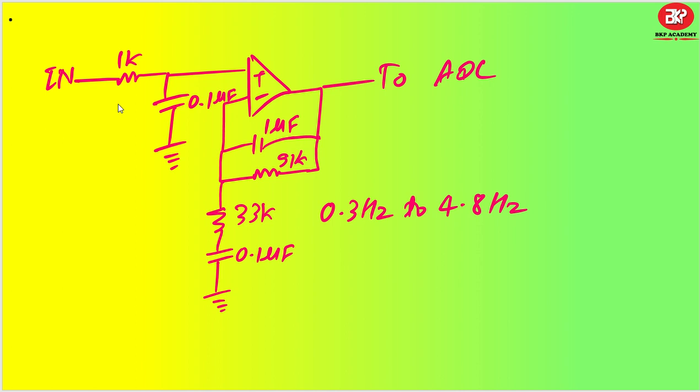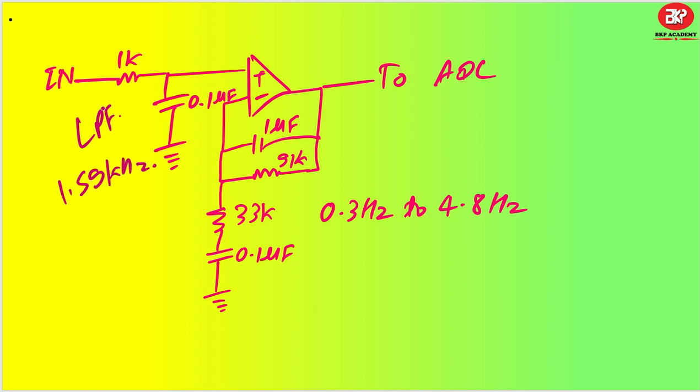For that case, I'll take one LPF, low pass filter, using my RC, okay. Since we have already worked out 1 kilo ohm and 0.1 microfarad, this is going to be a 1.59 kilohertz low pass filter.